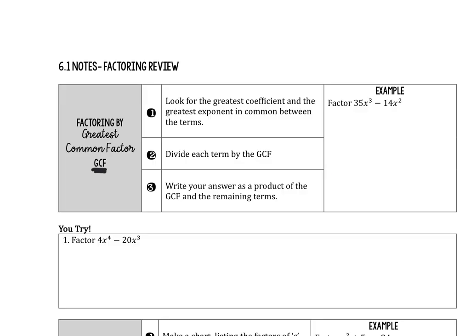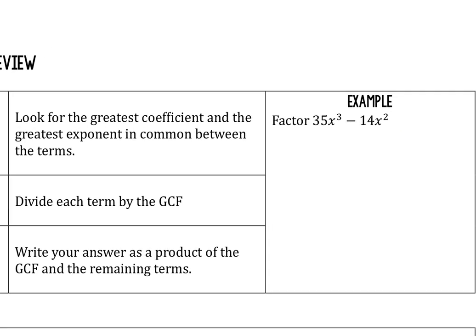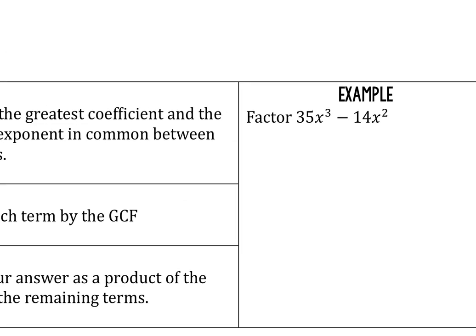So when you're factoring by GCF, the first thing you want to do is look for the greatest coefficient and the greatest exponent in common between all of the terms. In this case, it's just two terms. So the coefficients on these terms are 35 and 14. So you want to find what is the greatest number that both 35 and 14 are divisible by? 7.